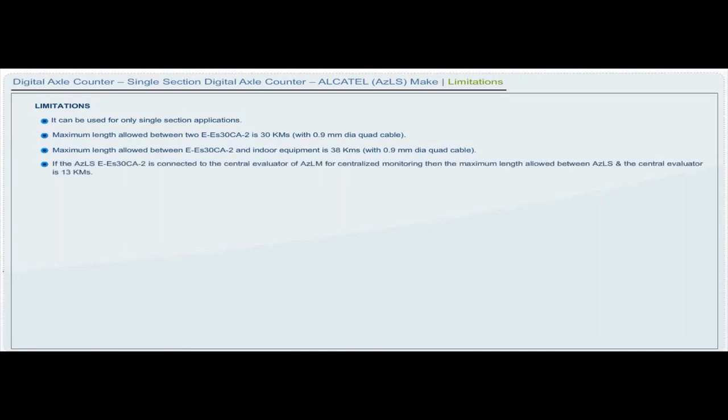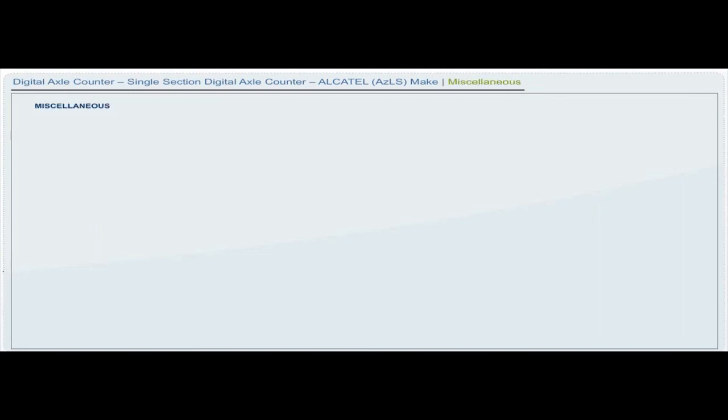If the AZLS EES30 CA2 is connected to the central evaluator of AZLM for centralized monitoring, then the maximum length allowed between AZLS and the central evaluator is 13 kilometers.